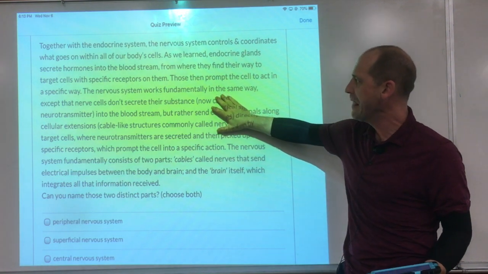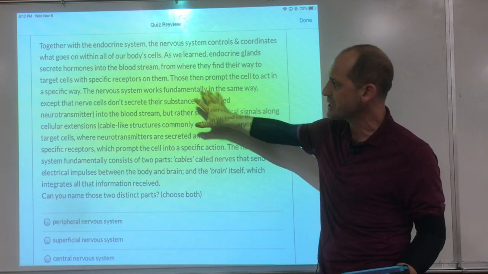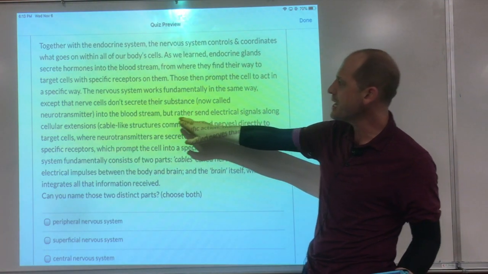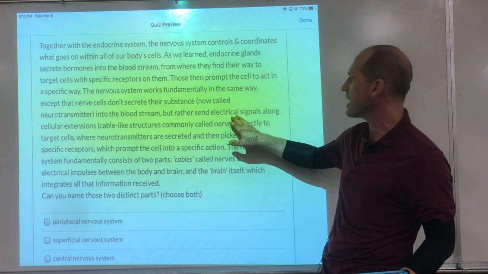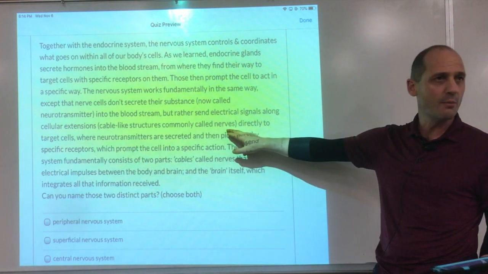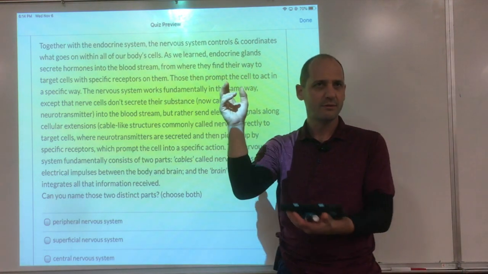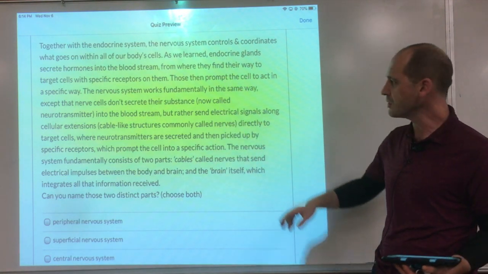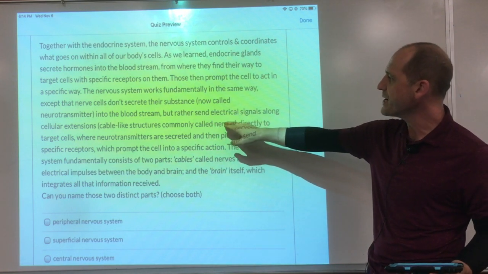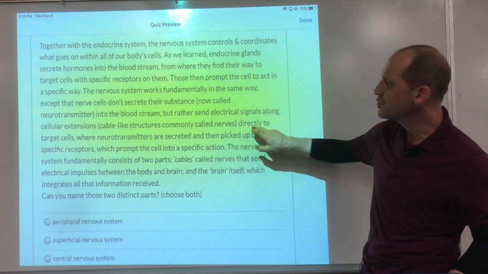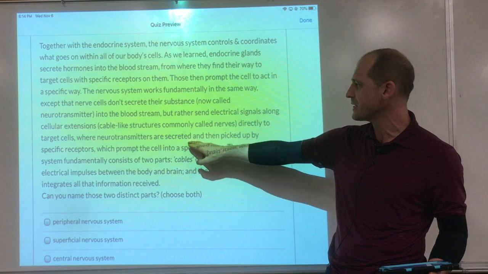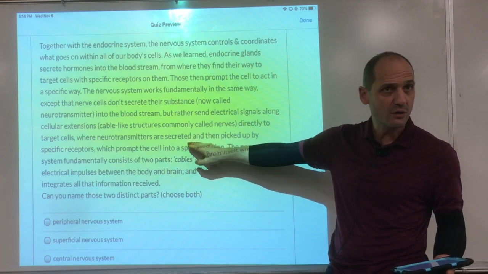The nervous system works fundamentally the same way, except that nerve cells don't secrete substances into the bloodstream, but rather send an electrical signal along cellular extensions, which are cable-like structures that we commonly call nerves. Have you ever hit your funny bone? That's a nerve. Lots of them together make a nerve. And so they bring that signal directly to the target cell, where a neurotransmitter is secreted, which is a chemical like a hormone.